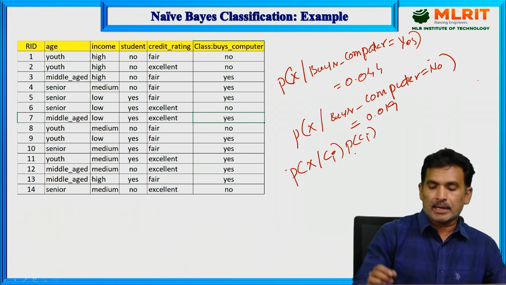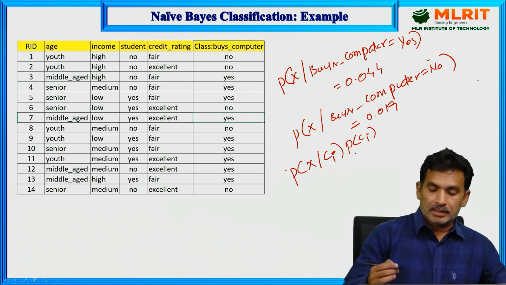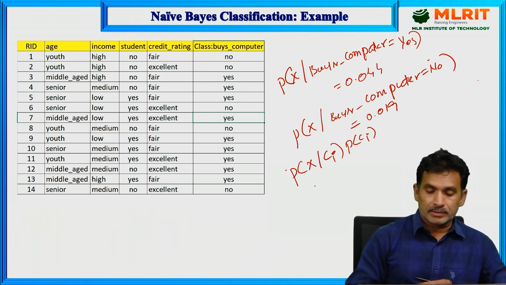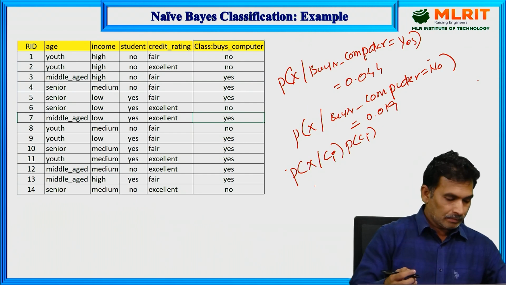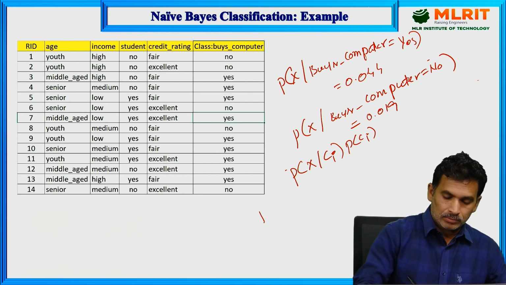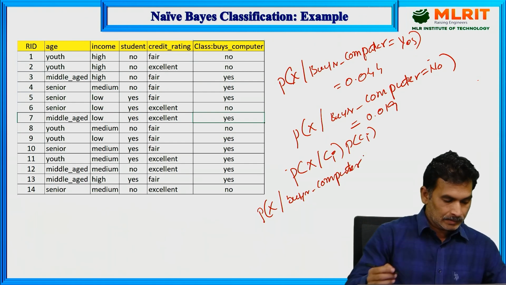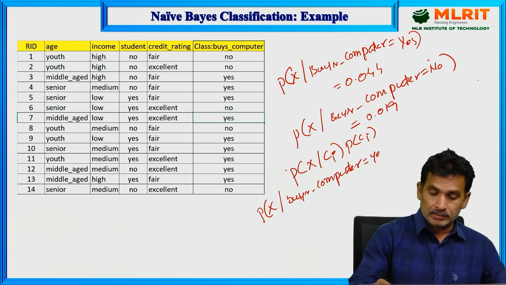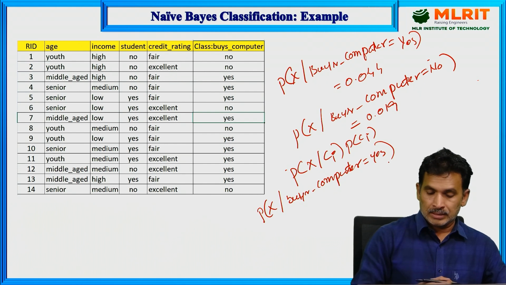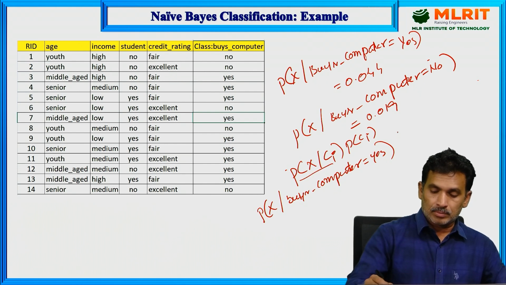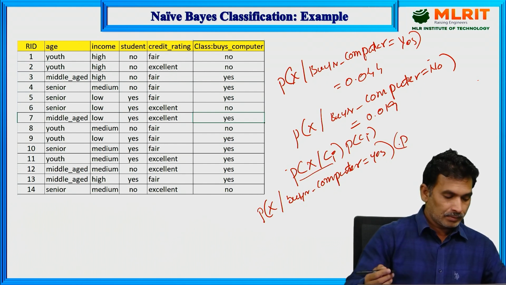We have already calculated the class prior probabilities, and the posterior probabilities are also calculated. So then we calculate the value, that is probability of X given Bayes computer equal to yes, times this one, and the class probability.